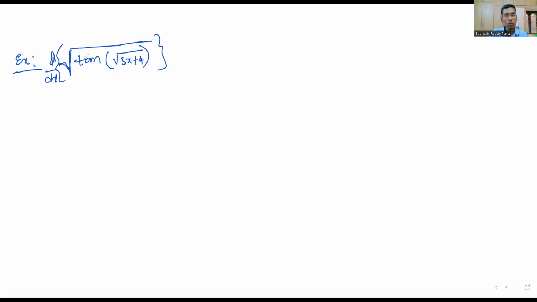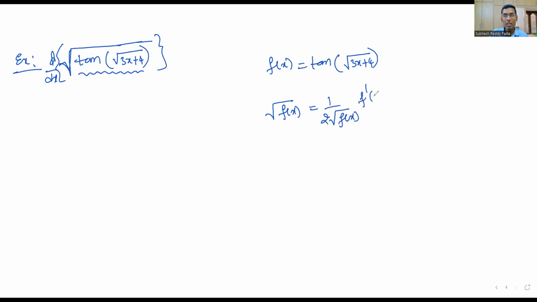First you should know the root x derivative, that is 1 by 2 root x. Now here, the inside function, whatever is there, that is x for us. This is f of x. Now f of x is the inside function, that is tan of root of 3x plus 4, whatever it is. Outside function is root of f of x. Now the derivative of root of f of x is 1 by 2 root f of x into f dash of x.